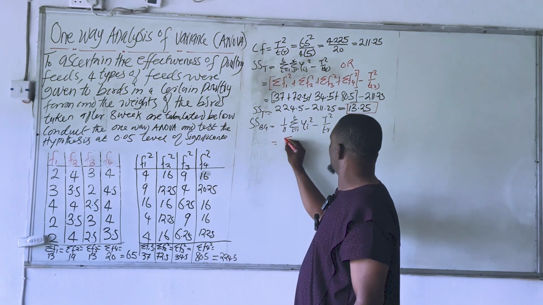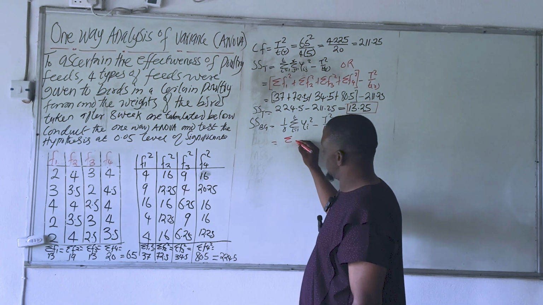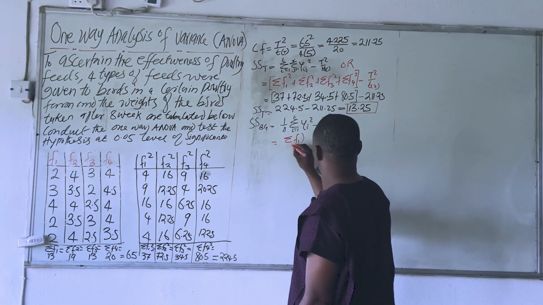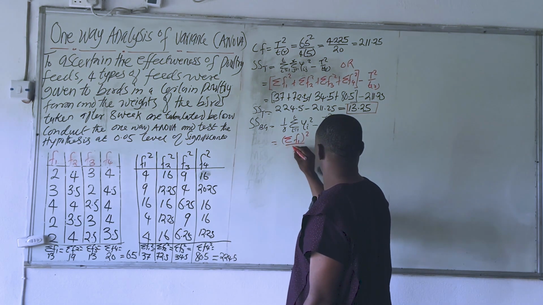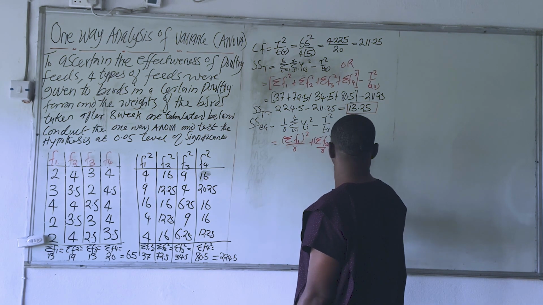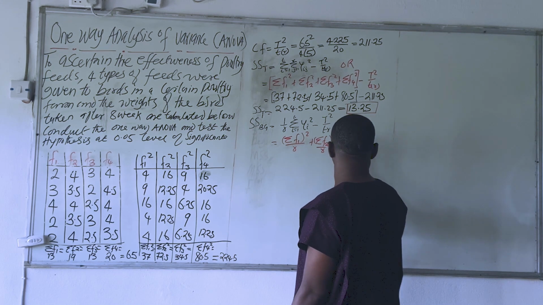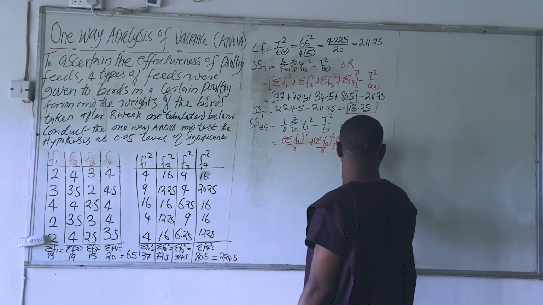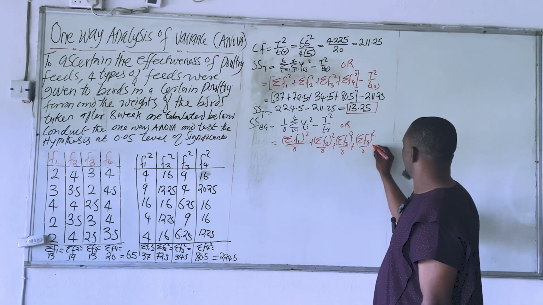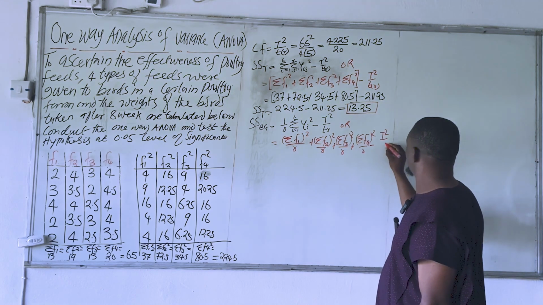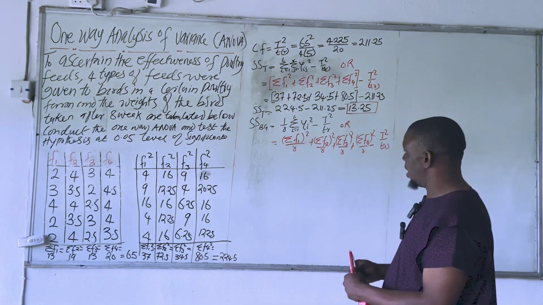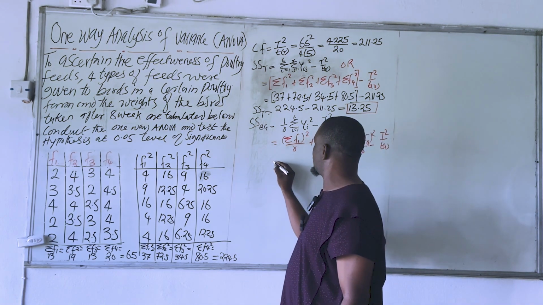Or summation of yi, which is what we have there: our f1 all square all over r, plus summation of f2 all square all over r, plus summation of f3 all square all over r, plus summation of f4 all square all over r, minus our correction factor, which is y square over t r.